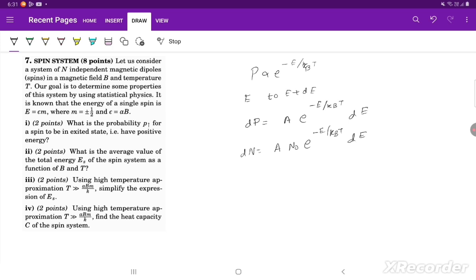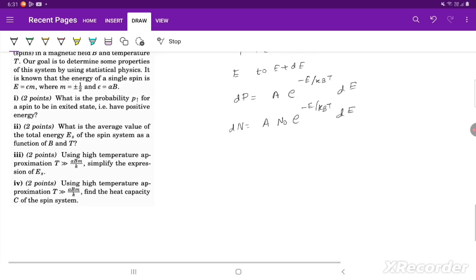Now you have to tell me the probability that the spin is an excited spin, that is, has positive energy. We have to find the probability that the spin has positive energy, that is, m is equal to plus half. Suppose you have a dipole and we need to determine whether it has a positive spin or a negative spin.